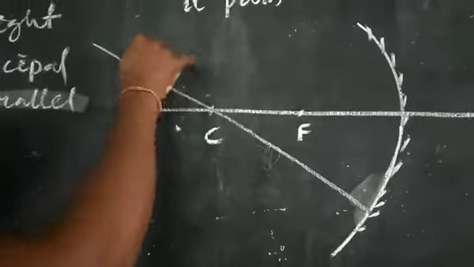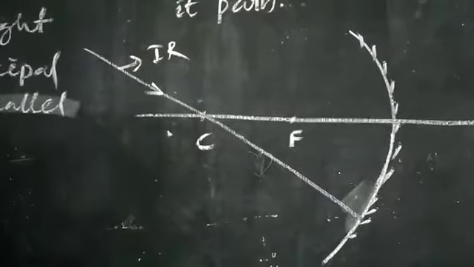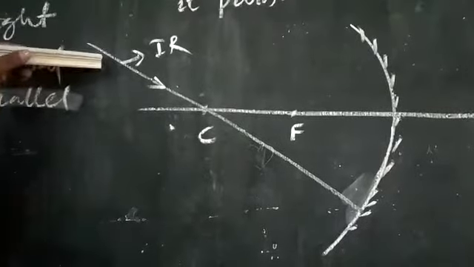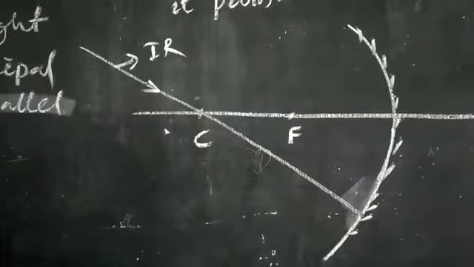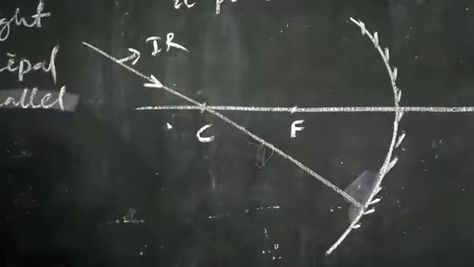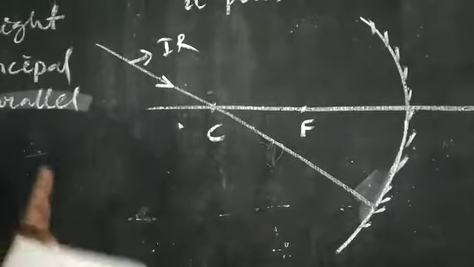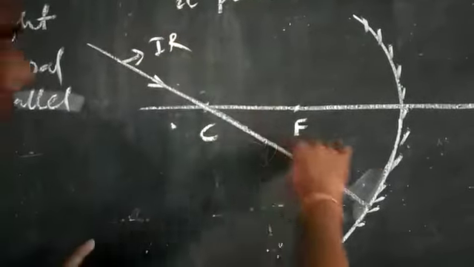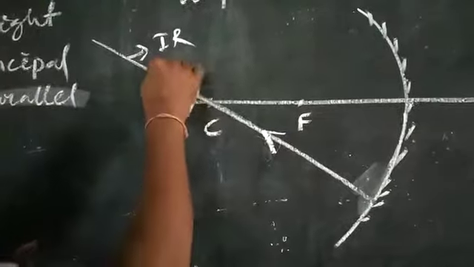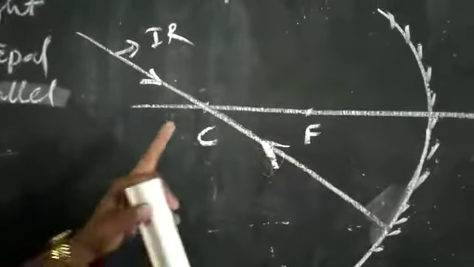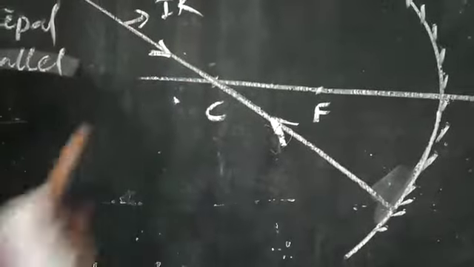When the incident ray passes through the center of curvature, the reflected ray does not change; it retraces the same path. This is rule number 3.